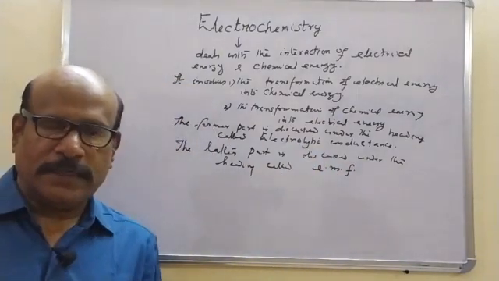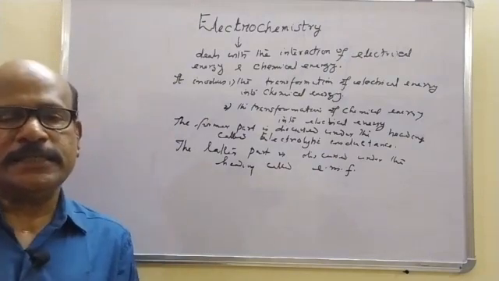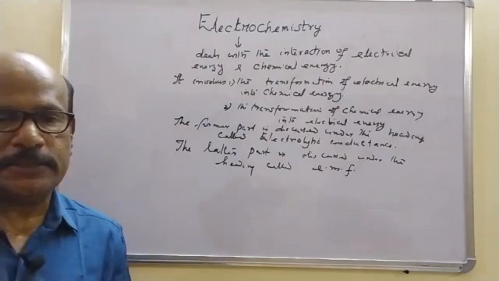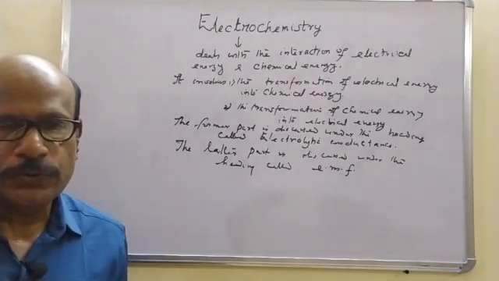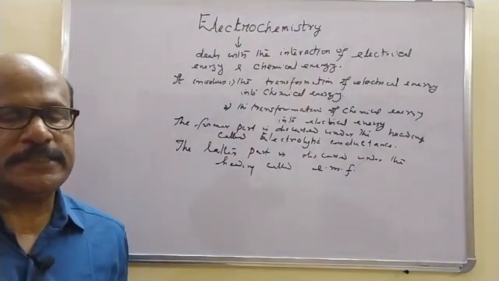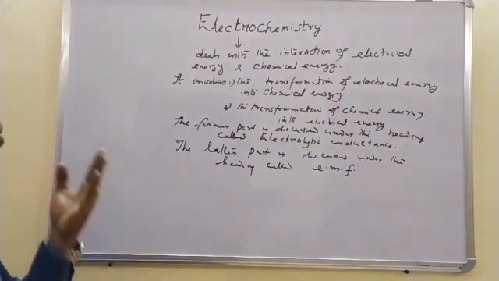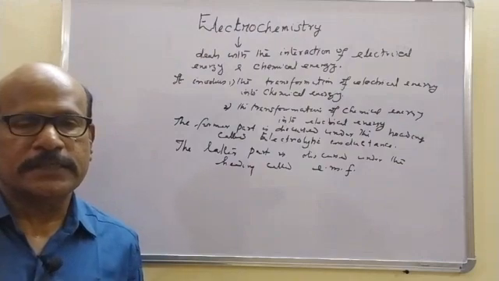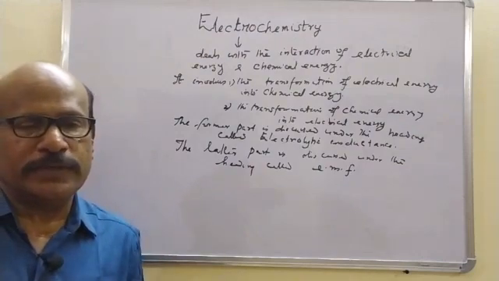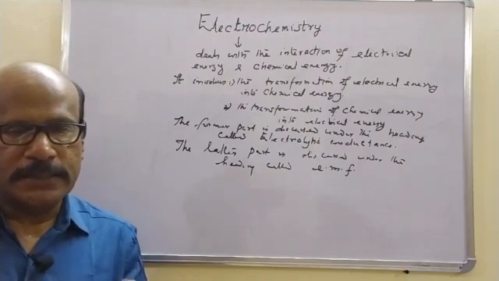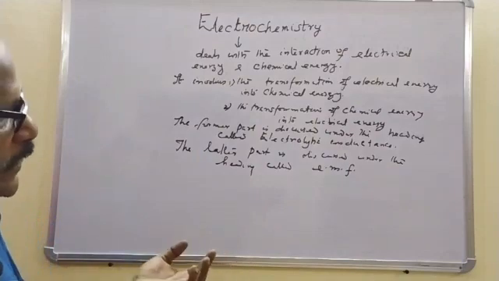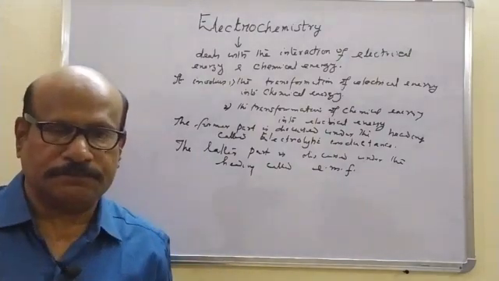So what I wish to mention here is that the discussion of electrochemistry is mainly classified into two branches. One is electrolytic conductance, which deals with the transformation of electrical energy into chemical energy brought about in a chemical system, and the related properties in connection with conductance.